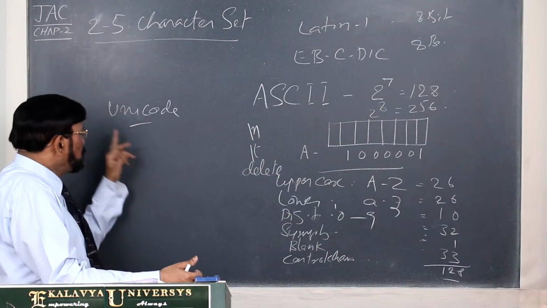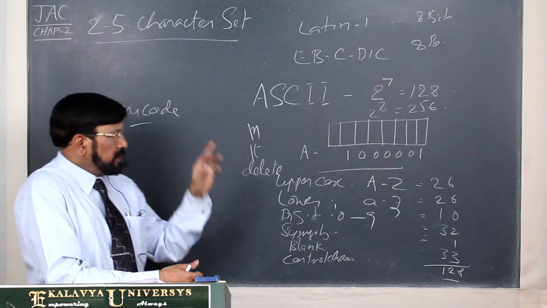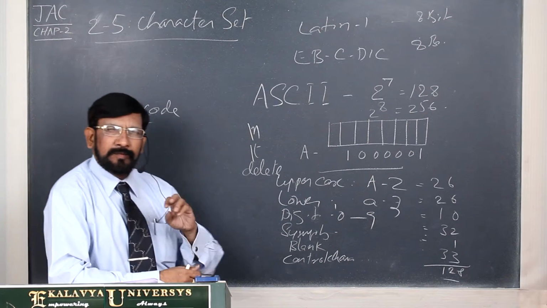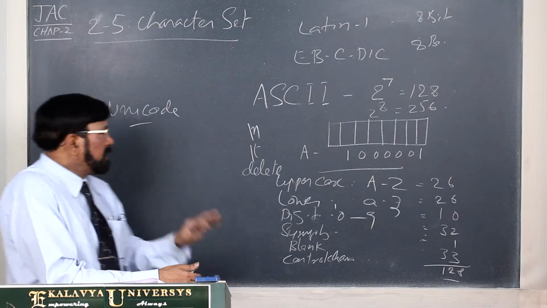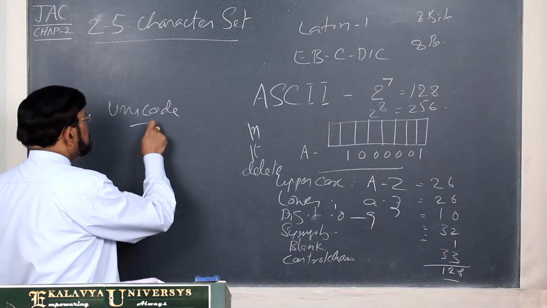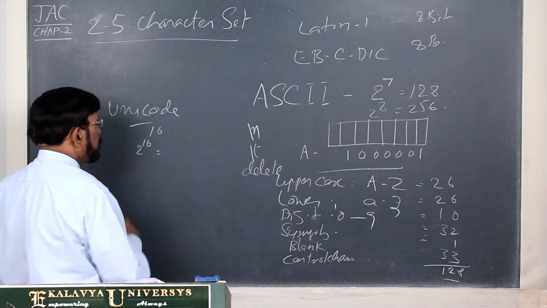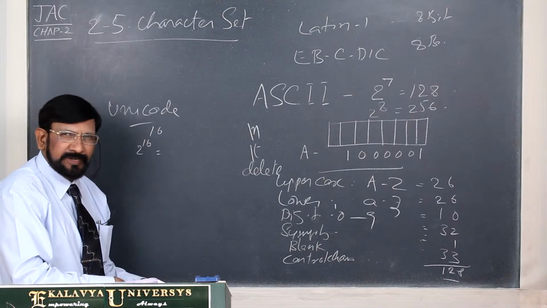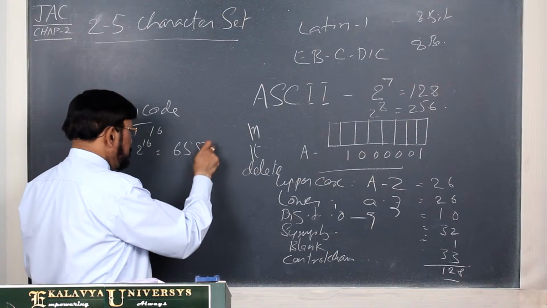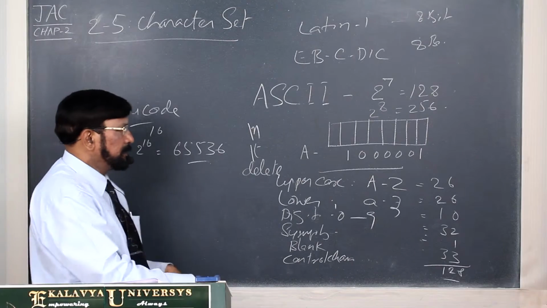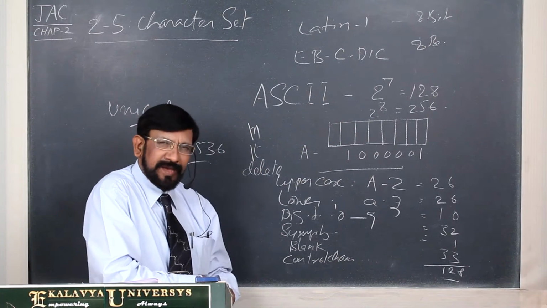That's why Unicode, a separate coding scheme, was created. It provides coding for all world languages, and its size is 16 bits. That means 2 to the power of 16, 65,536 characters can be created, whereas ASCII supports 128 characters.